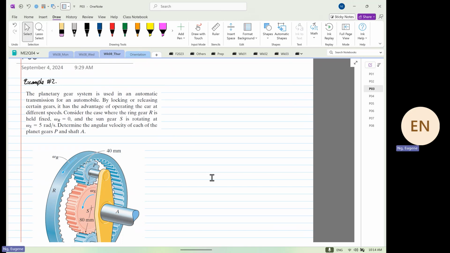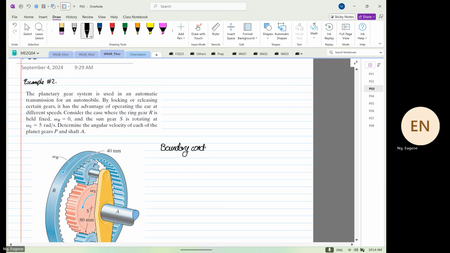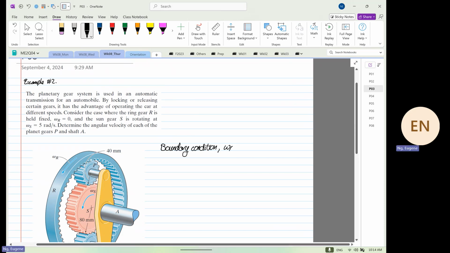So consider the case where the ring gear is held fixed. So now we are given a boundary condition where omega R is equal to 0 radians per second.